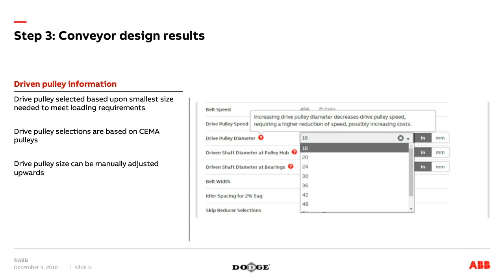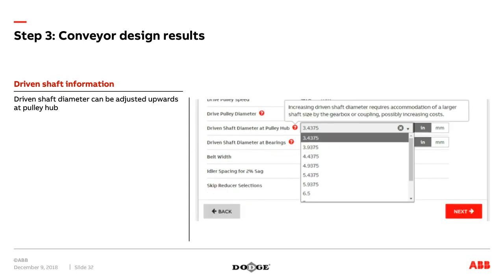Also, the driven shaft diameter can be adjusted upwards at the pulley hub when you get to that point in the selection process. Again, these selections have already been made, but you do have that option to adjust accordingly depending on maybe other conveyor applications that already exist in your facility as well. But that selection will already be there for you.